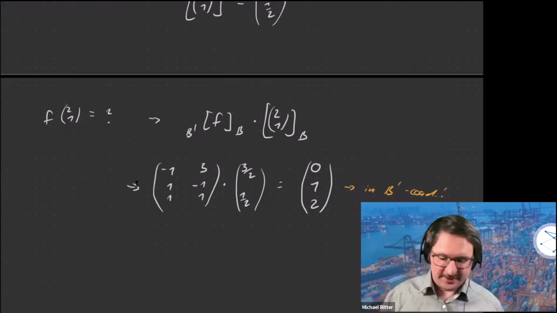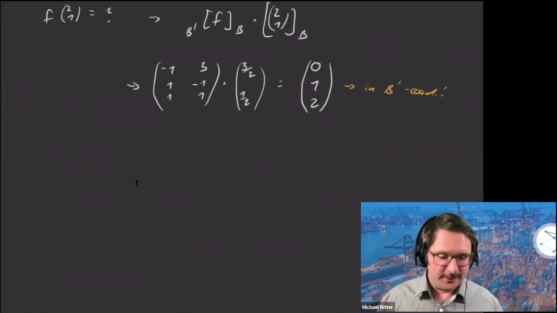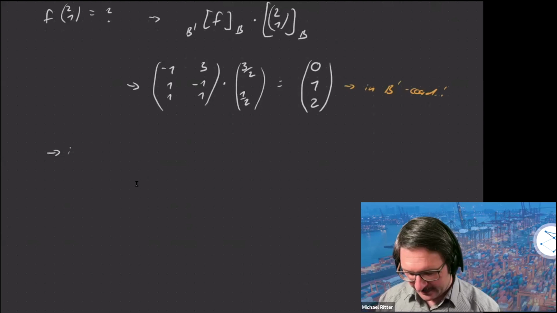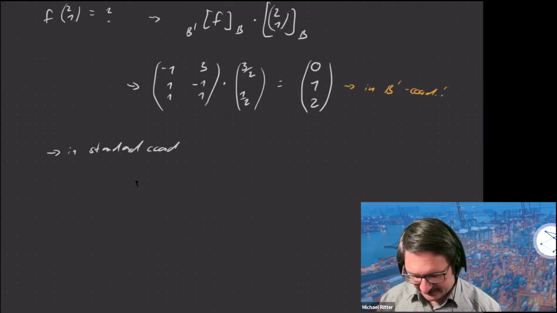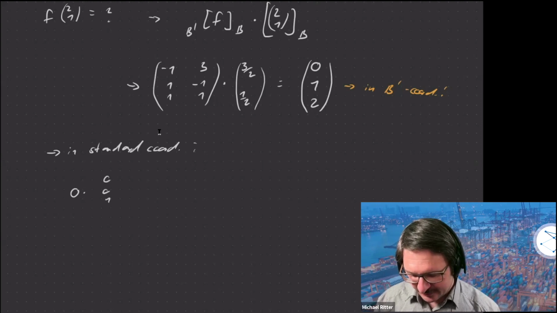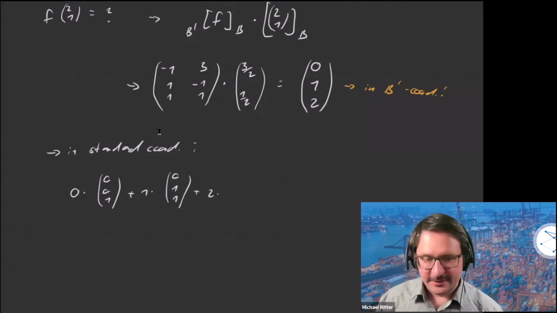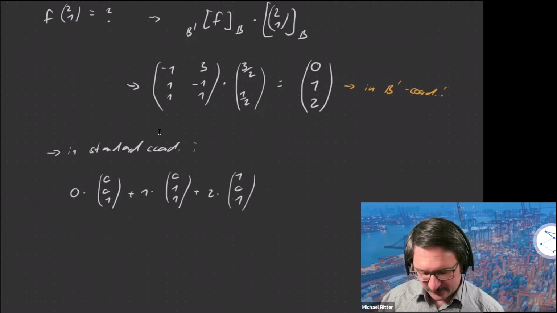If we want the result in standard coordinates, then we still have to transform this. So if you want that in standard coordinates, then we compute it by taking 0 times the first vector in my basis B prime, that is (0, 0, 1), plus once the second vector, (0, 1, 1), plus 2 times the third vector, (1, 0, 1).